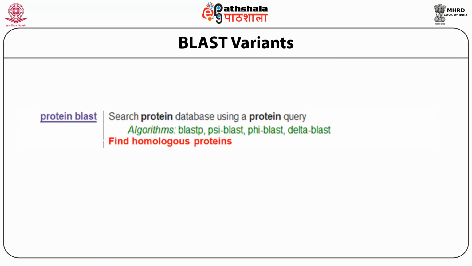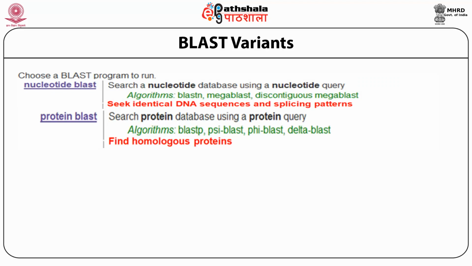There are 5 BLAST variants available for similarity search. To retrieve a specific target, the user has to choose a BLAST program or algorithm to use. Further, BlastN and BlastP have different programs to select. Nucleotide BLAST is selected to seek identical DNA sequences and splicing patterns.